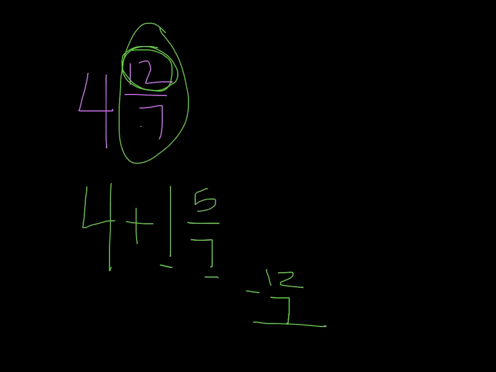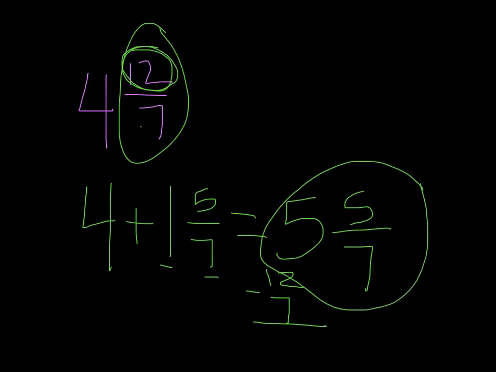So that's what we're going to put up there. So now we need to add 4 plus 1 5/7. So we're going to add our whole numbers first. So 4 plus 1 is 5. And then we only have one fraction, so it's just 5 5/7. So that is your final answer, 5 5/7.